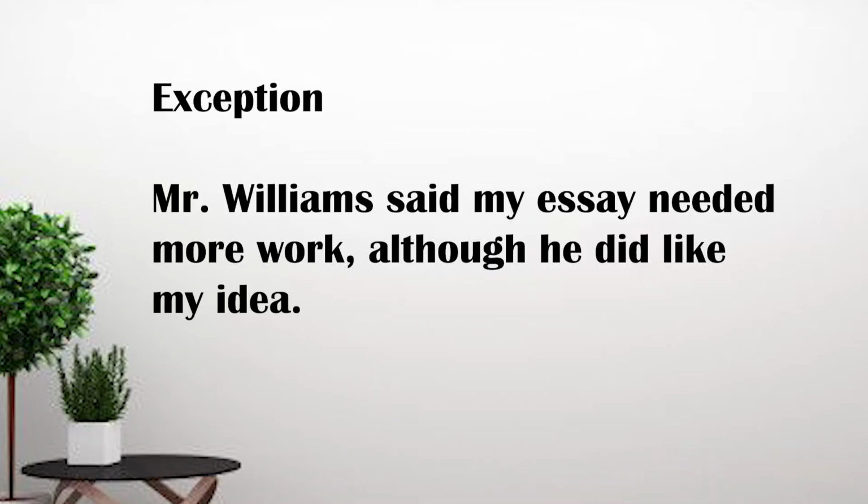Let's take a look at this exception in a sentence. Mr. Williams said my essay needed more work, although he did like my idea. In this sentence, the dependent clause comes after the independent clause, but we have a contrast word, which is although. So that's why we need to use a comma.